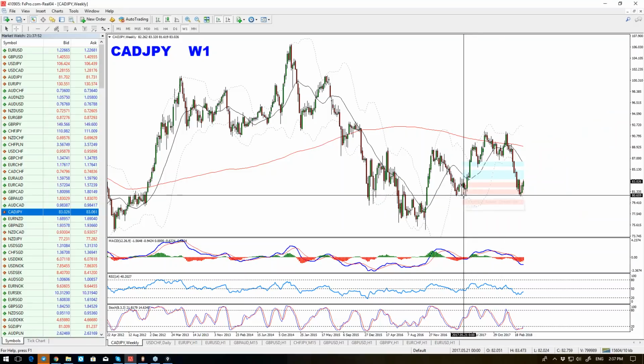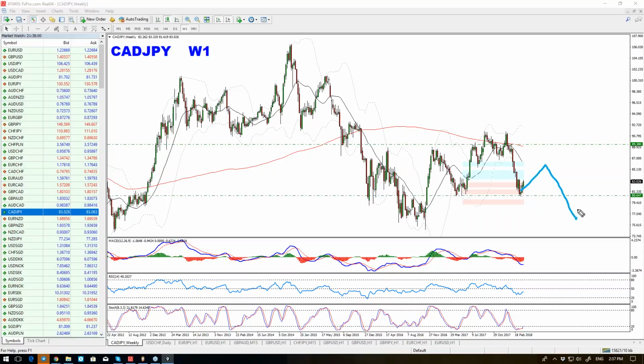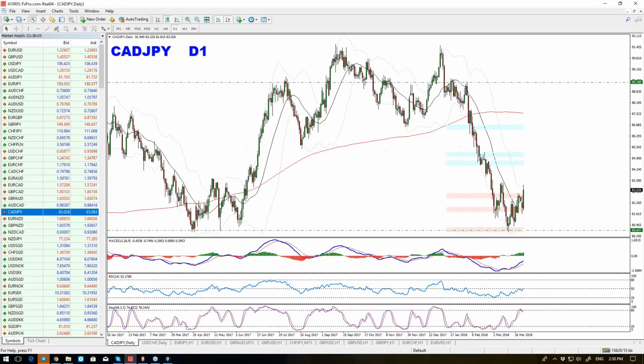Weekly has the bounce from the low here, making it possibly some kind of a ranging pattern before a continuation, right? And a daily had for us a special cycle, 1, 2, 3. Bullish divergence is there in play, which means this is the invalidation for short-term buys.